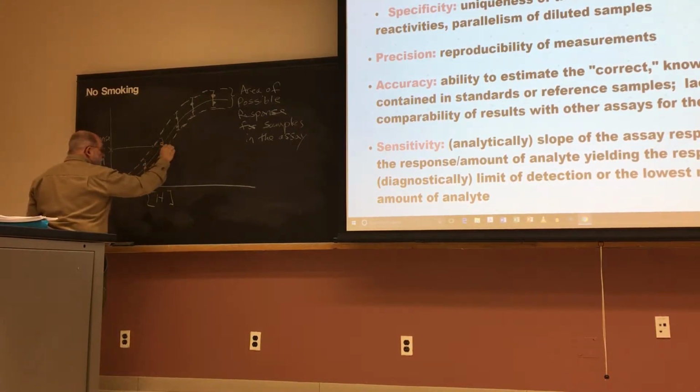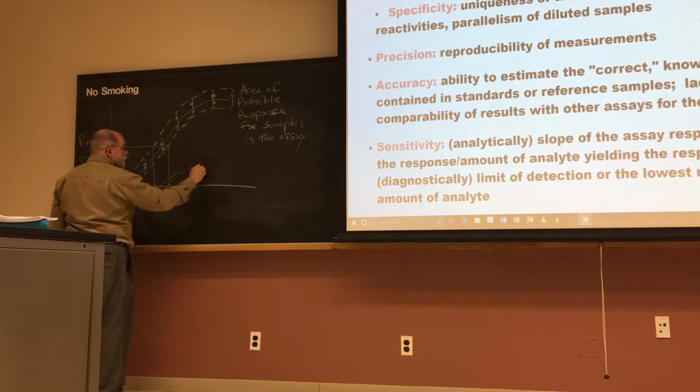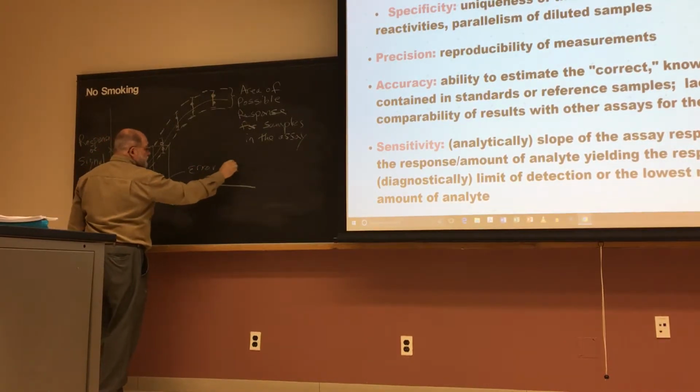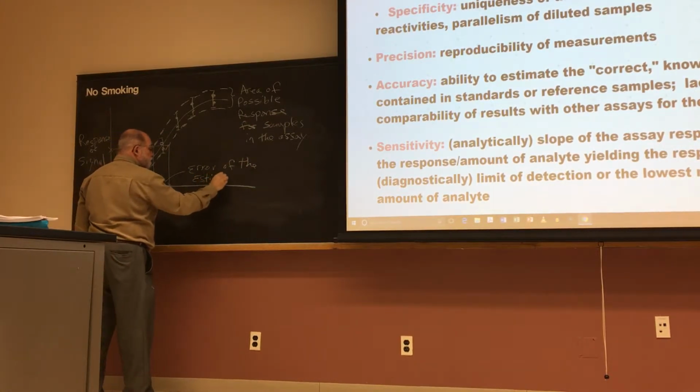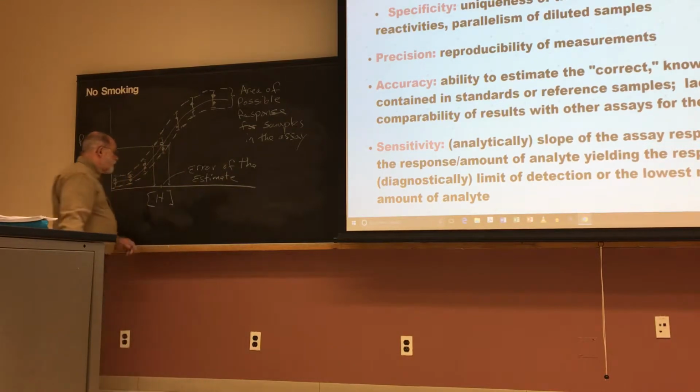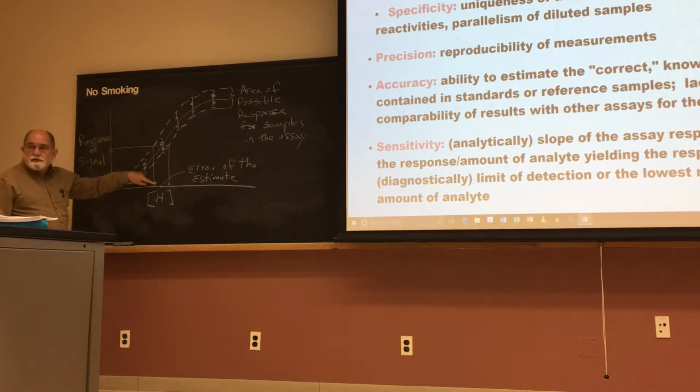So if you project that down, you get something called the error of the estimate. So it's not an absolute point. It's a window.